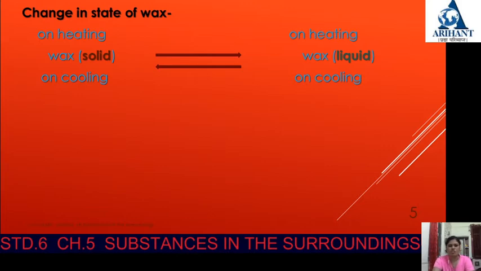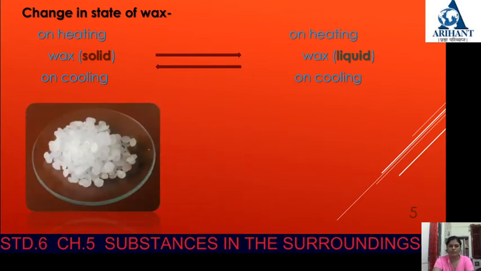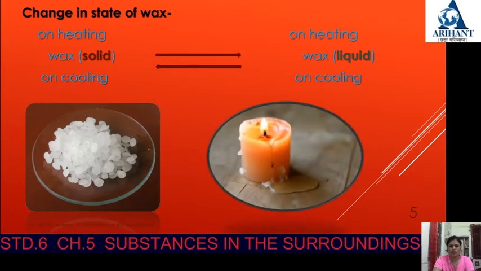That is the change in state of wax. We can see pictures here. One candle is there, you can see. When the burning candle gets started, the liquid form of wax is coming down.